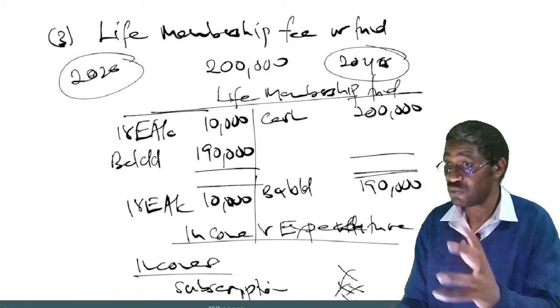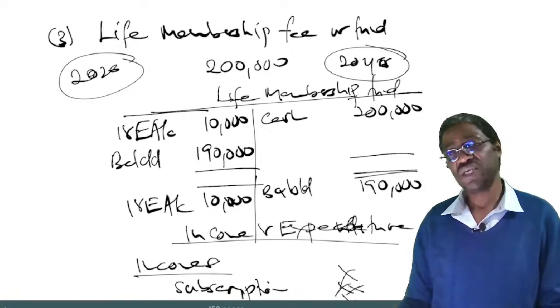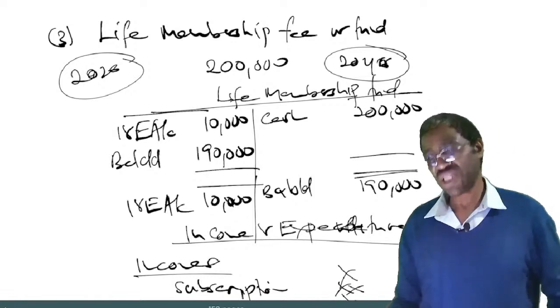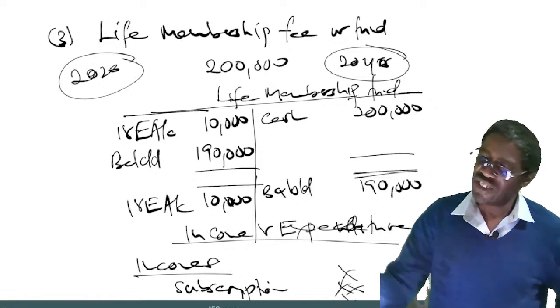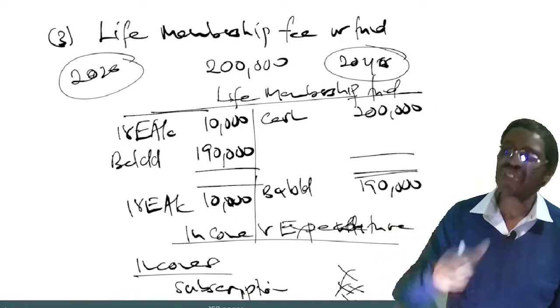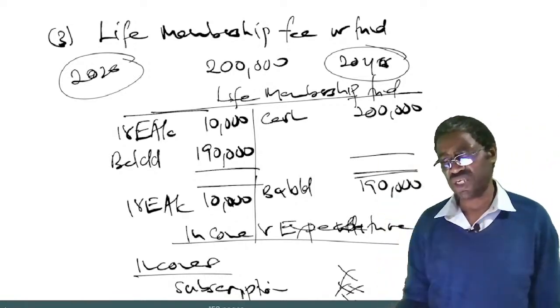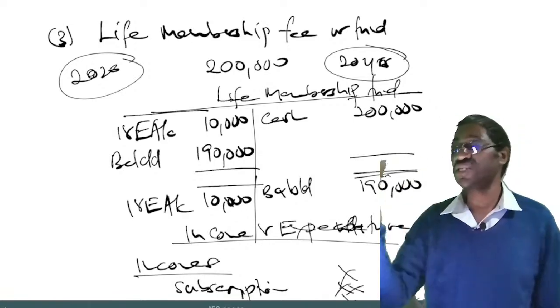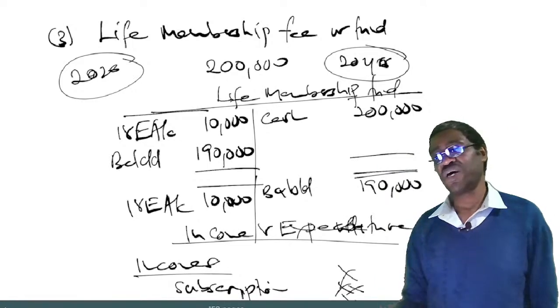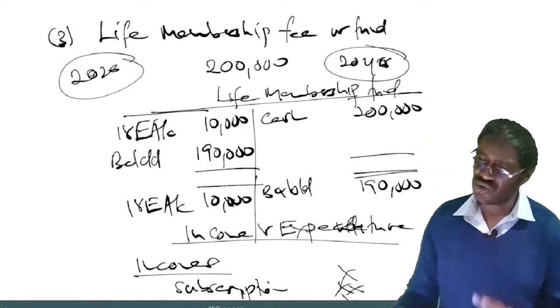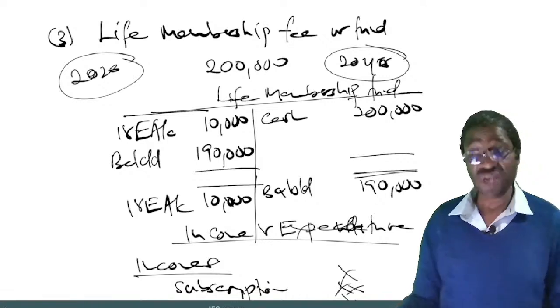If it's to cover us for 20 years, then every year we should recognize 10,000. So we need to recognize an income of 10,000, take it from the life membership fund account to the income and expenditure by debiting the life membership and crediting the income and expenditure account. That's another source of income for the club.